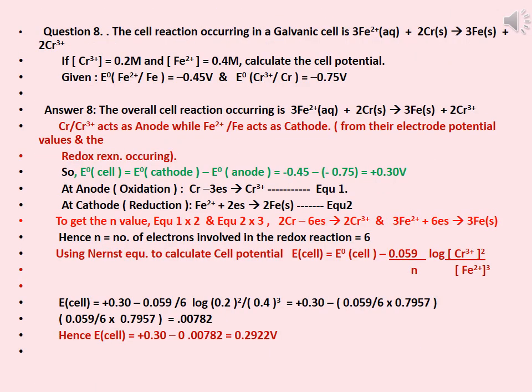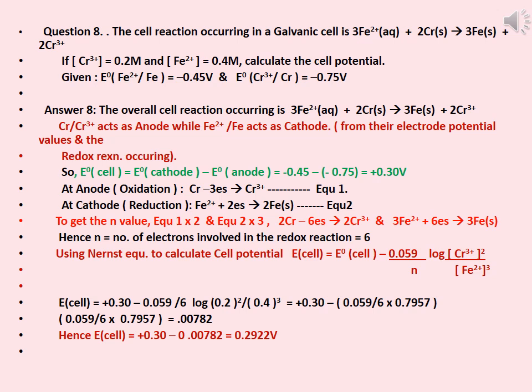Question number 8. The cell reaction occurring in a galvanic cell is 3 Fe2+ aqueous plus 2 Cr solid gives 3 Fe solid plus 2 Cr3+. Molar concentration of Cr3+ is 0.2 molar and Fe2+ molar concentration is 0.4 molar.